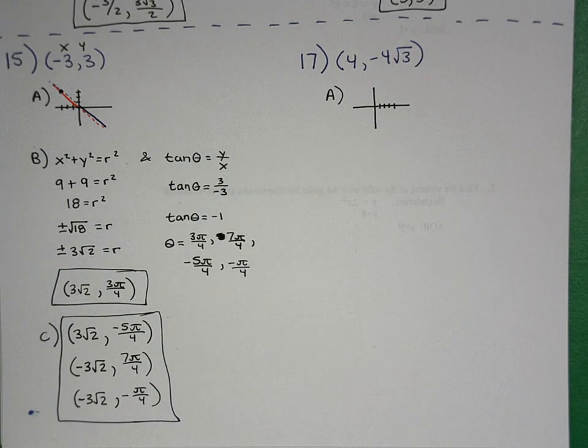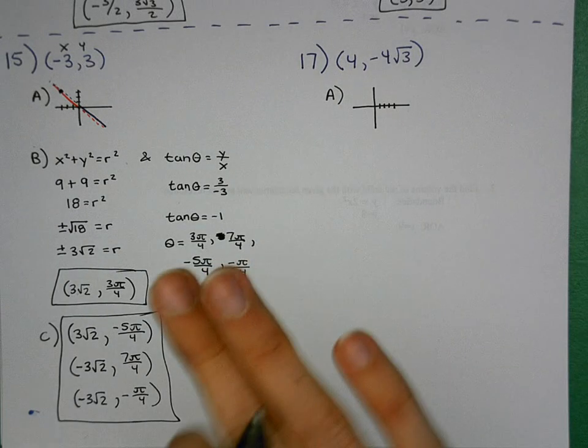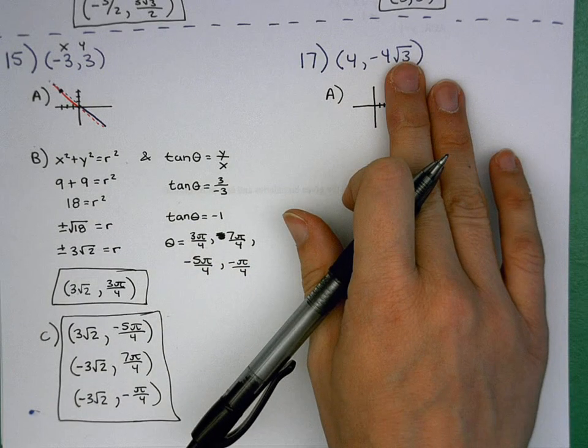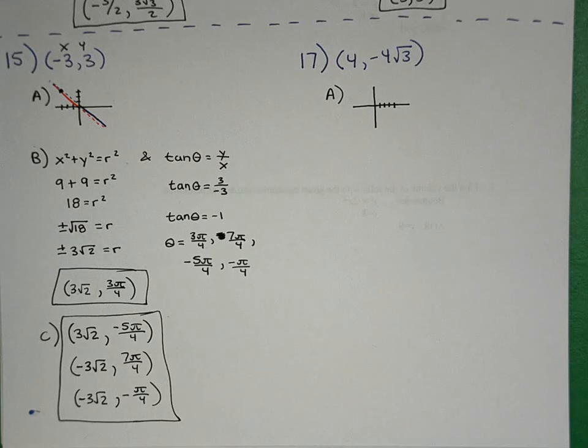We know it's definitely larger than 4, or in this case, negative 4, because 4 would be 4 times root 1. We know it's definitely smaller than 8, because 8 would be 4 times 2, or 4 times root 4. And we know that it's closer to the 8 side of things than the 4 side of things, right?